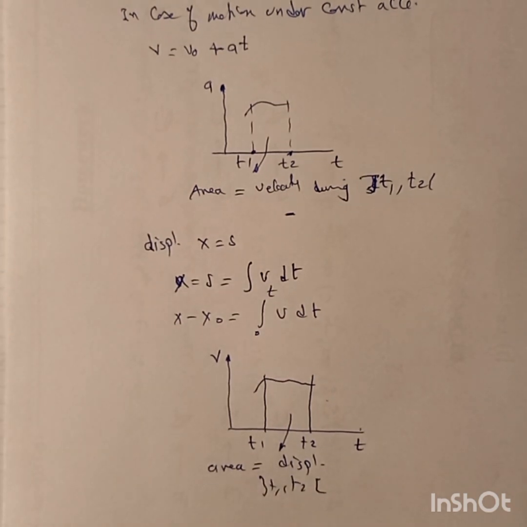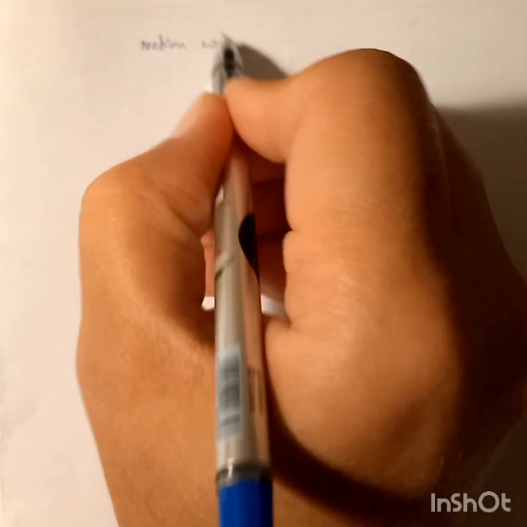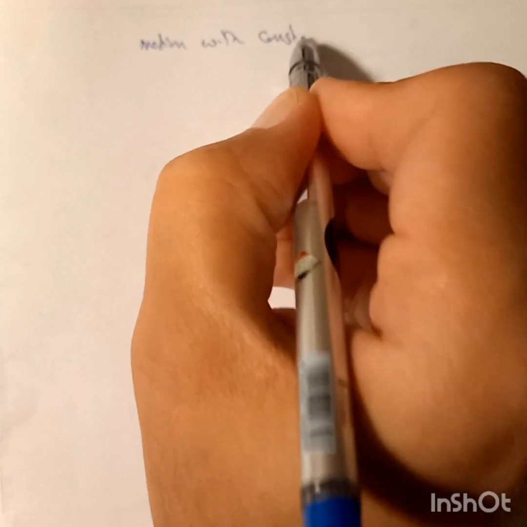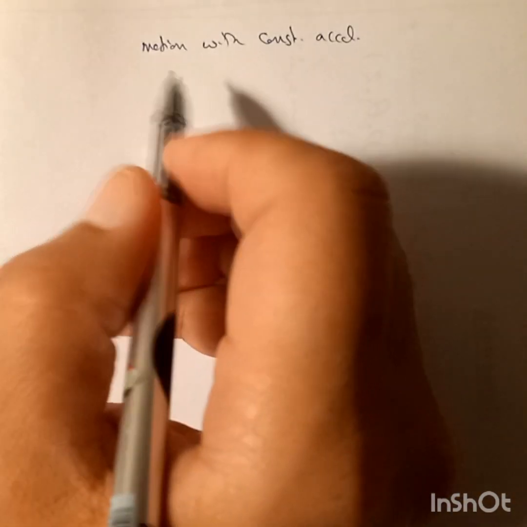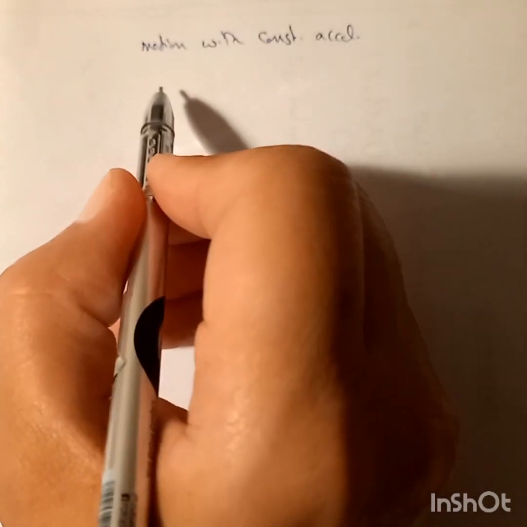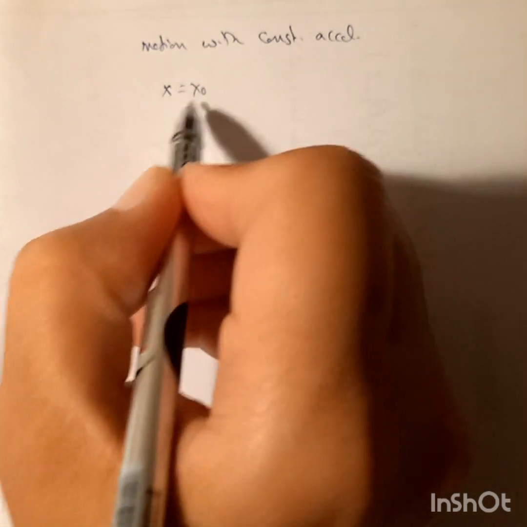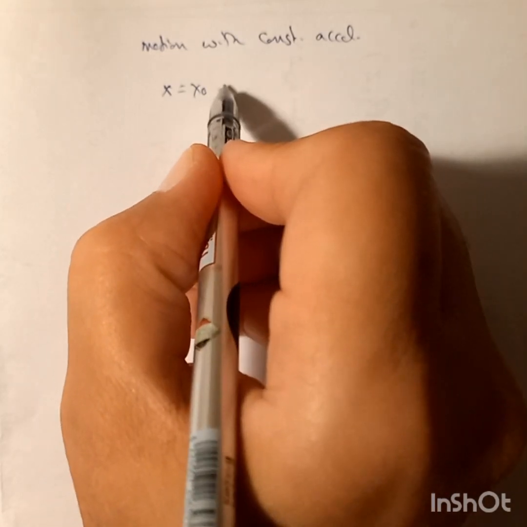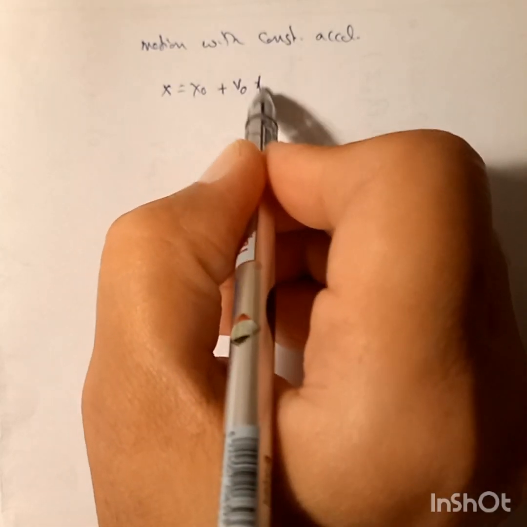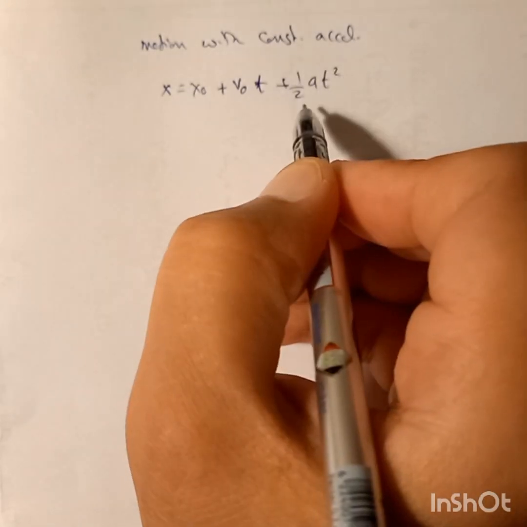In case of motion of any body with constant acceleration, to find the displacement of this body after time t, we can apply this motion law: x equals x naught, the position of the body at time t equals 0, plus v naught t, plus half a t squared.